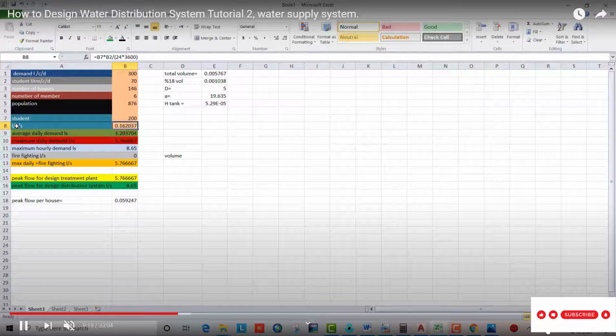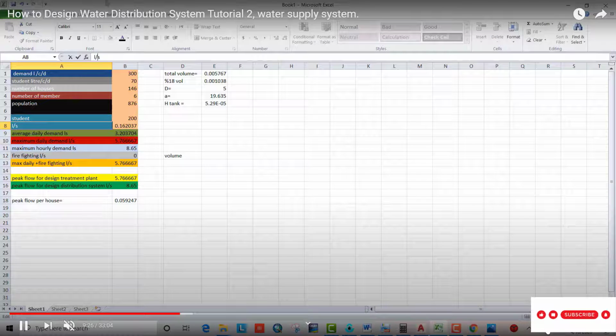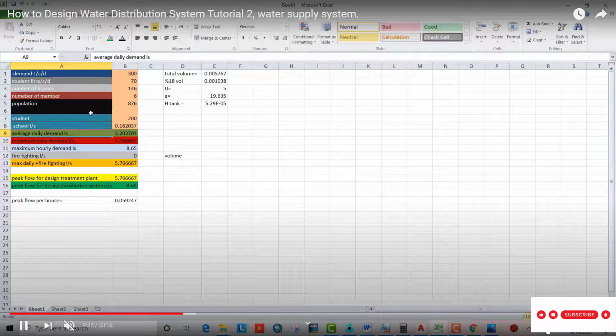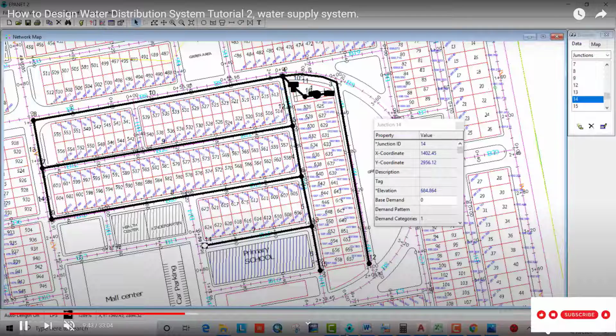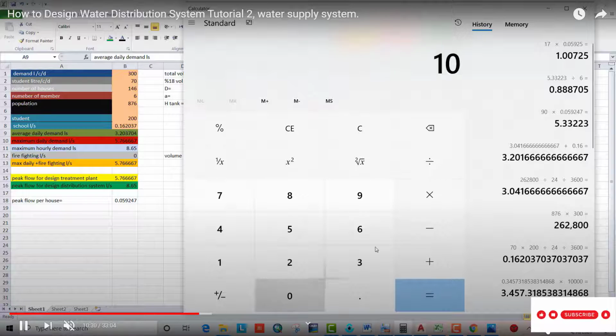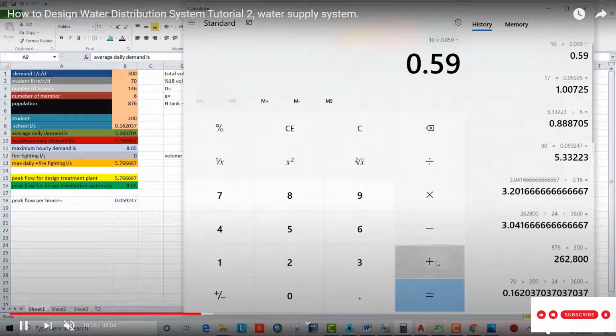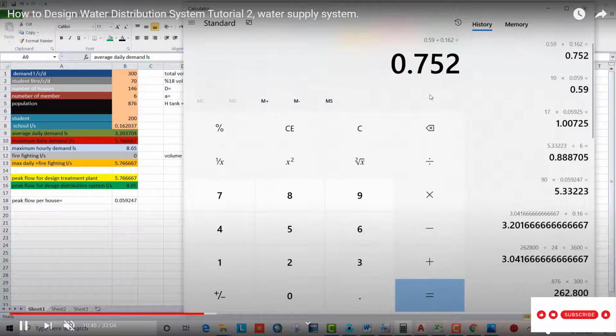For the school we need 0.16, and also we have 10 houses. 10 multiplied by 0.059 plus 0.16 equals 0.752 for the node.